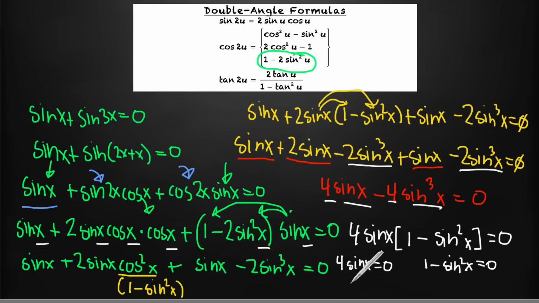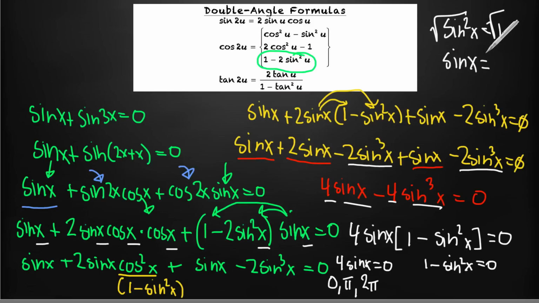Well, where is the sine function equal to 0? Well, that's just going to be 0, pi, and 2 pi. Now, if we solve this by moving the 1 to the other side, I'm going to continue up here. It's going to be sine squared of x equals 1. So take the square root of both sides, and you will get the sine of x.